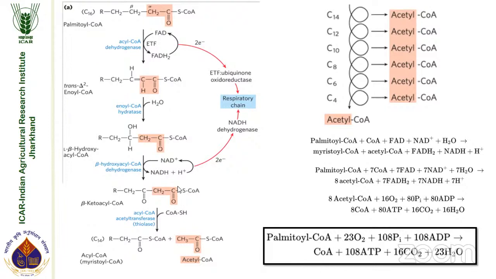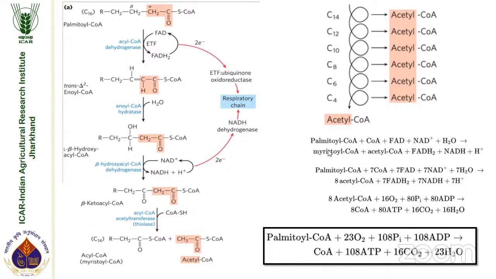Based on this, you can calculate how many beta oxidation cycles are required for conversion of this 16 carbon fatty acid.